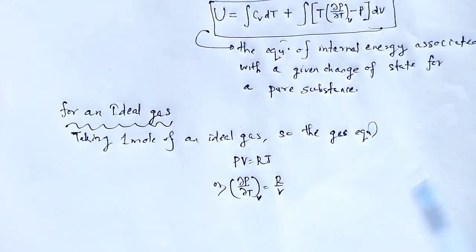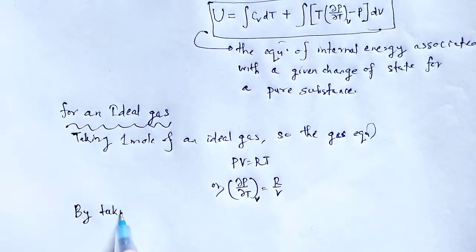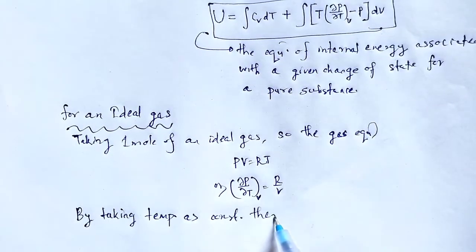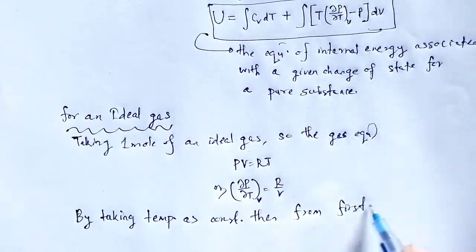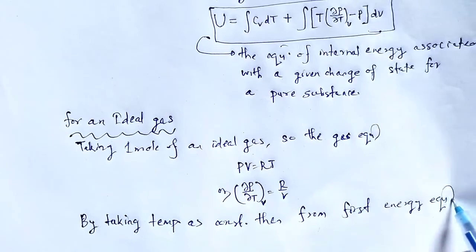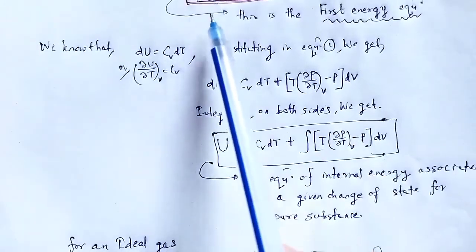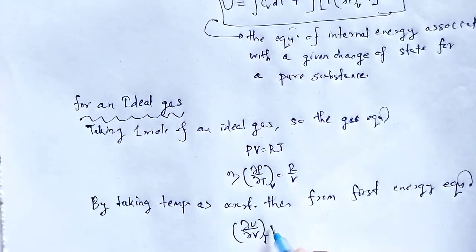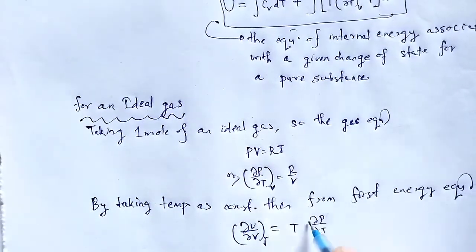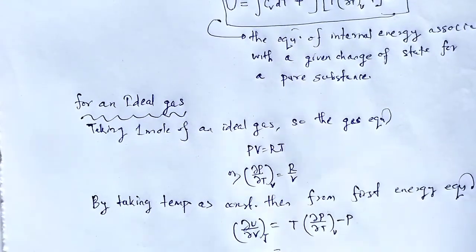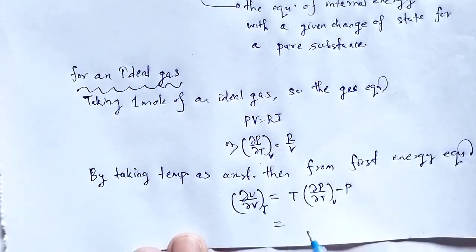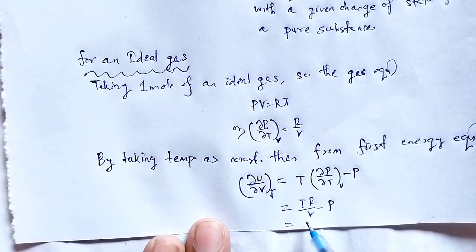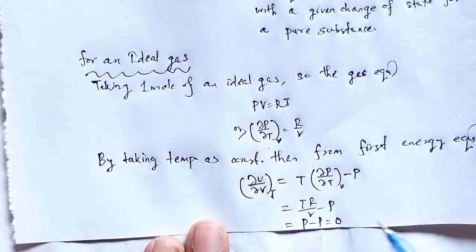From the first energy equation, by taking temperature as constant, (∂U/∂V) at constant temperature is equal to T (∂P/∂T) at constant volume minus P. So (∂P/∂T) at constant volume is equal to R/V. So TR/V minus P. Since PV is equal to RT, TR/V is equal to P, so P minus P is equal to 0.